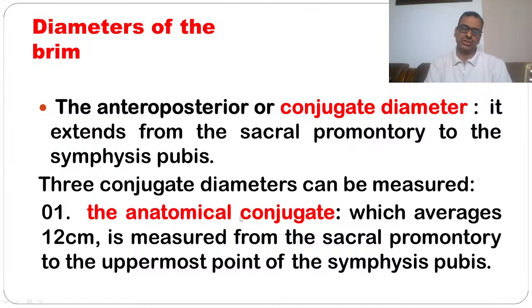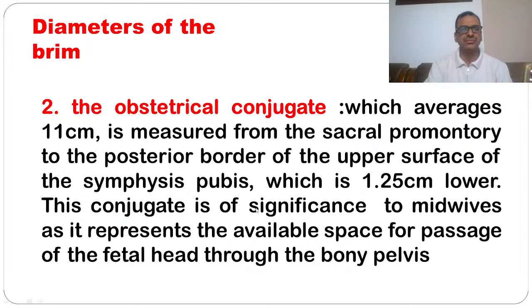The antero-posterior or conjugate diameter extends from the sacral promontory to the symphysis pubis, so the conjugate diameter will be straight, antero-posterior. Three conjugate diameters can be measured. One is the anatomical conjugate, which averages 12 centimeters and is measured from the sacral promontory to the uppermost point of symphysis pubis.